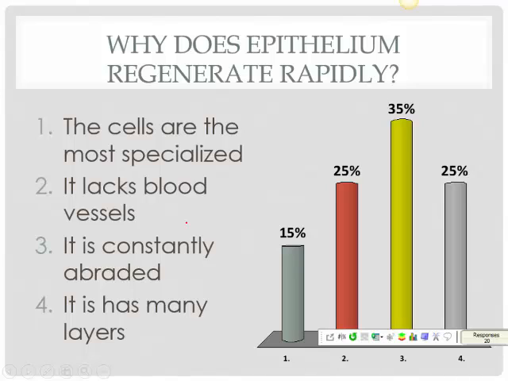I told you, it's constantly exposed to friction. The more specialized a cell gets, the less it regenerates. If there are no blood vessels, regeneration is actually not so good. But because epithelium is very close to blood supply, it can get enough nutrition to regenerate. Not because it has many layers. Some epithelia have only a single layer. It's because it's constantly abraded. Because of friction, it's removed. So you want to make sure that you don't have any area which is devoid of epithelium where you should have it. So it's regenerated very, very rapidly. Yes?